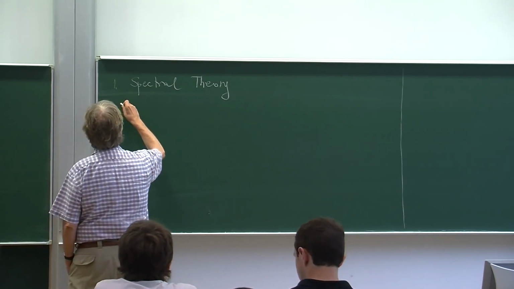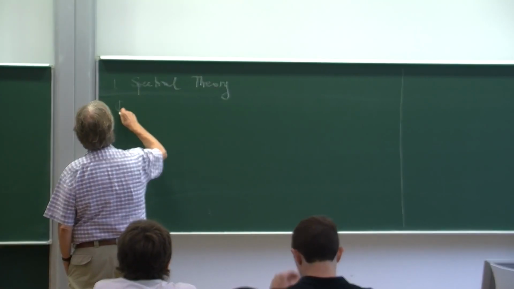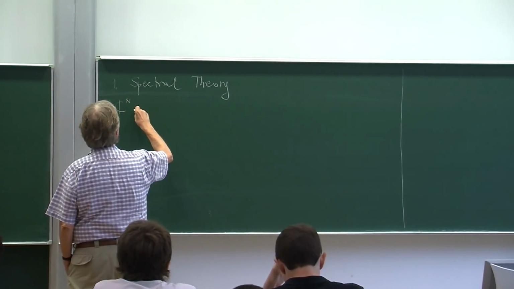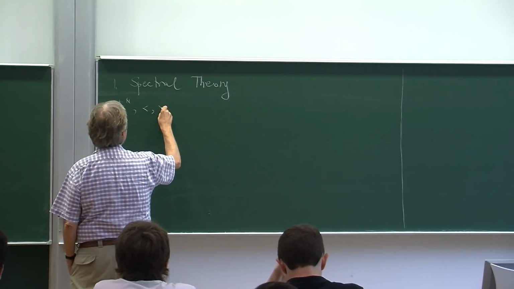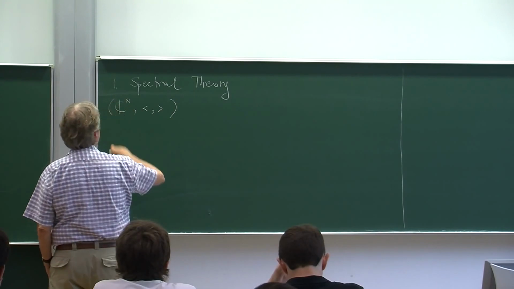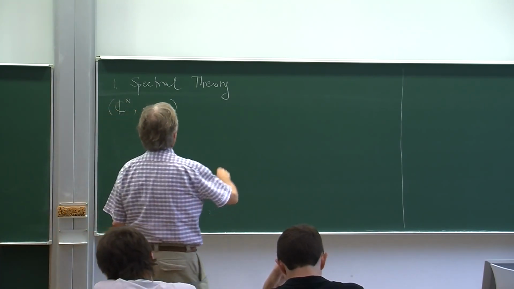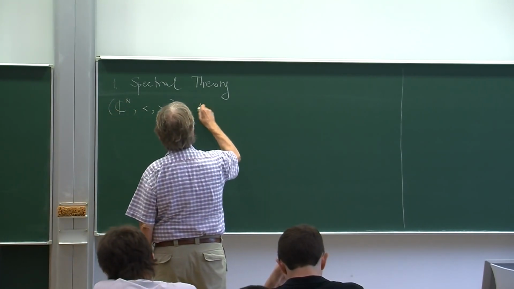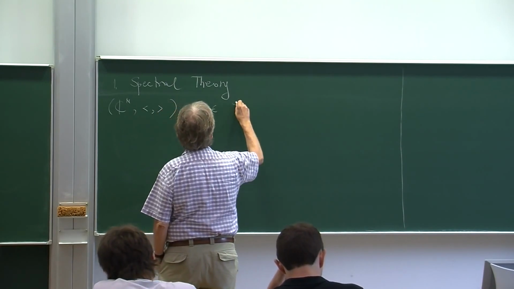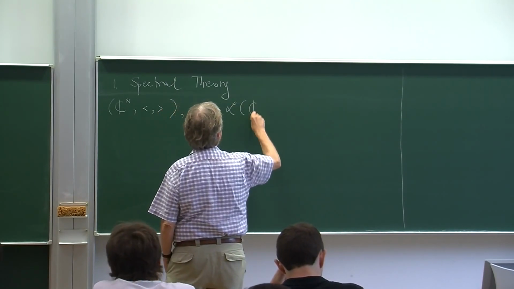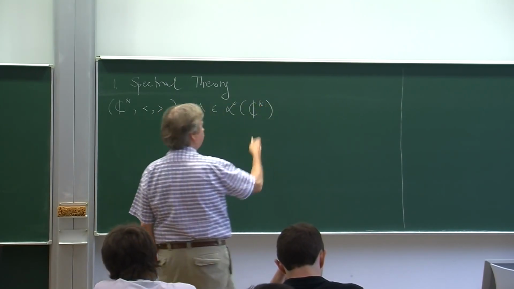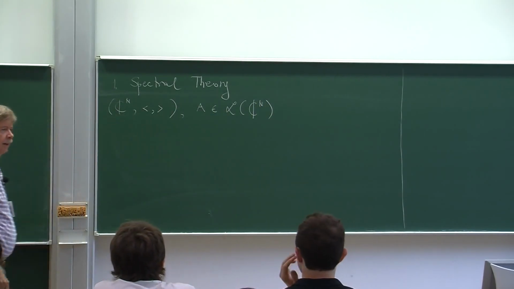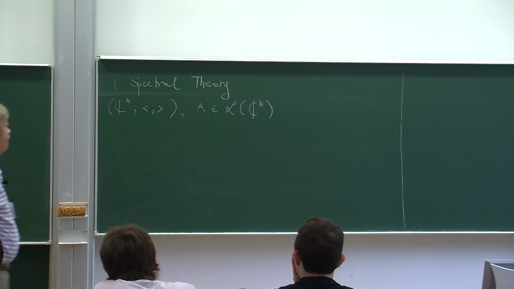So let's look first at the case of C^n with its standard scalar product. And we take a matrix or an operator, I should prefer to say, that is the space of linear endomorphisms.